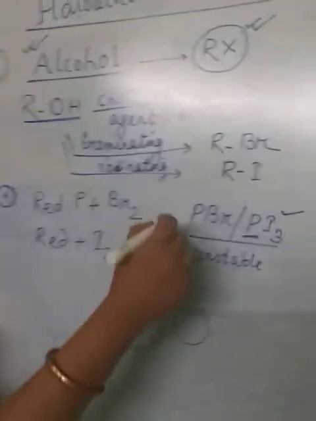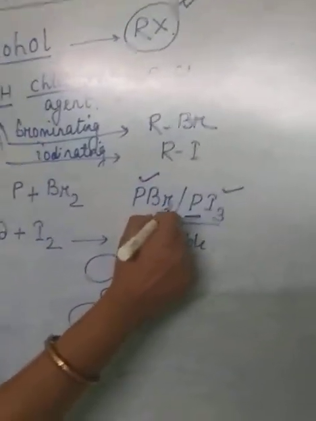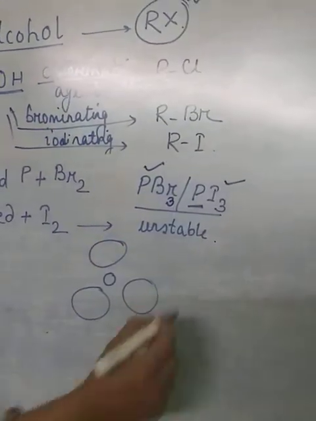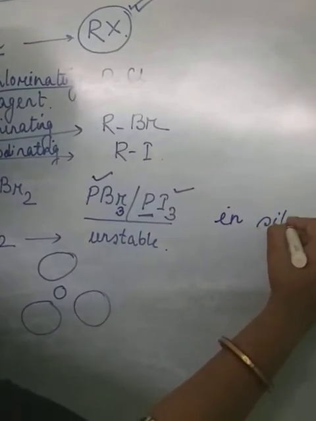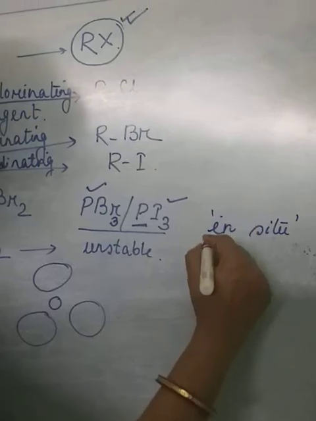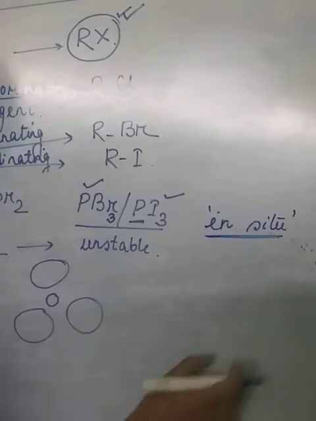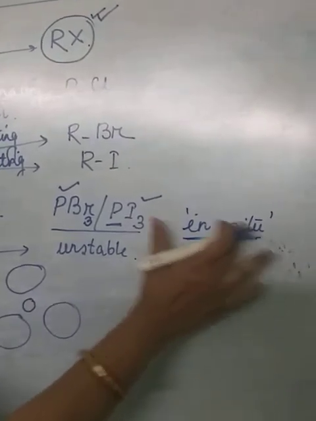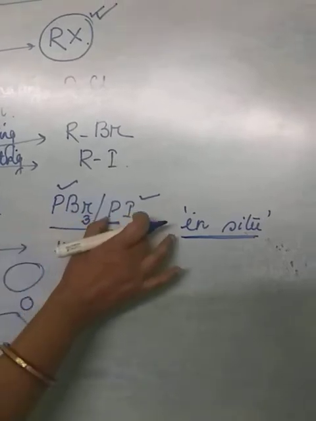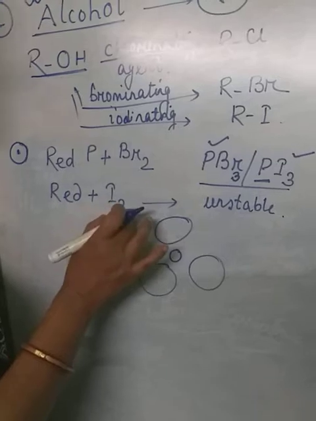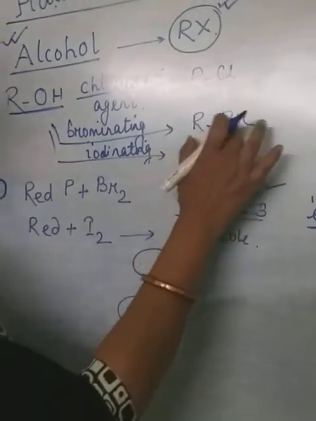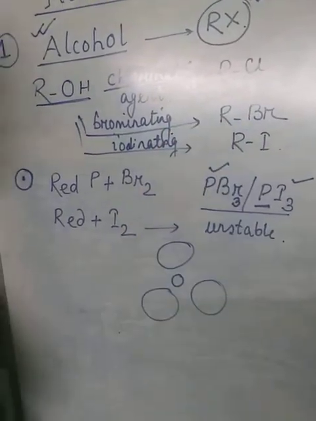It means this PBr3 and PI3 are prepared during the course of reaction. That's why this is called in situ. During the course of reaction, we prepare this PBr3 or PI3 from red phosphorus and bromine, or red phosphorus and iodine, to produce RBr or RI.